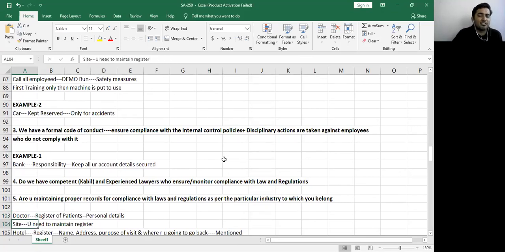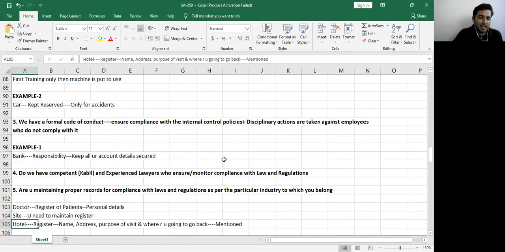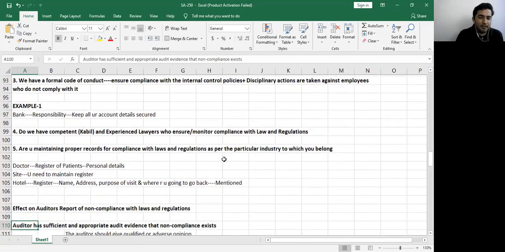If you are at a construction site, you need to maintain a register with the names of the persons who are working there and the payments that you have made to them. And if you are running a hotel, then you need the name and address of your customer, the purpose of visit, and where and when he or she is going back.